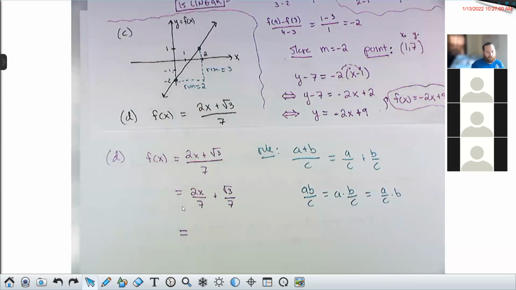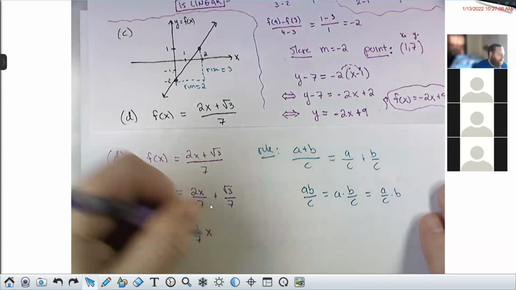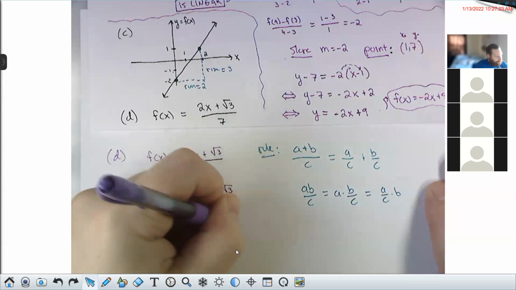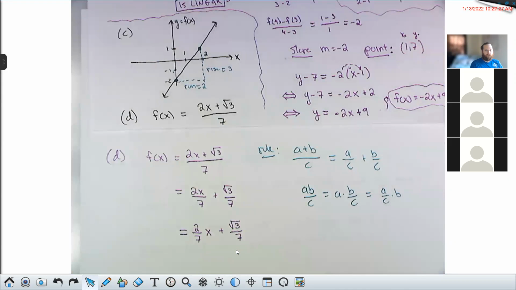So 2x over 7 can be written as 2/7 times x. Right? X is the same as x over 1. If you multiply 2 over 7 times x over 1, you get 2x over 7. So I can write this as 2/7 x plus the square root of 3 over 7.